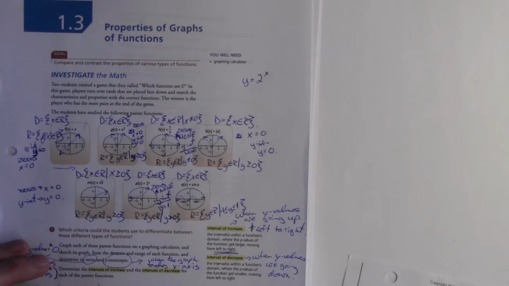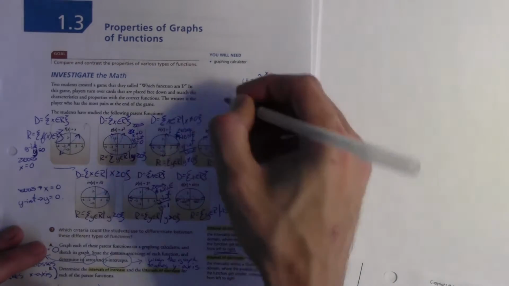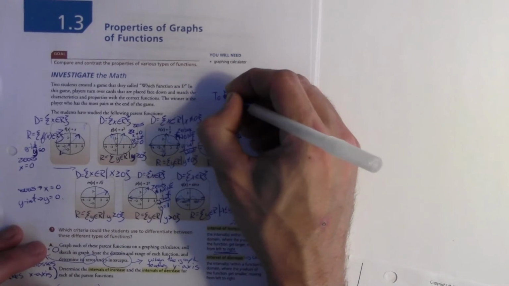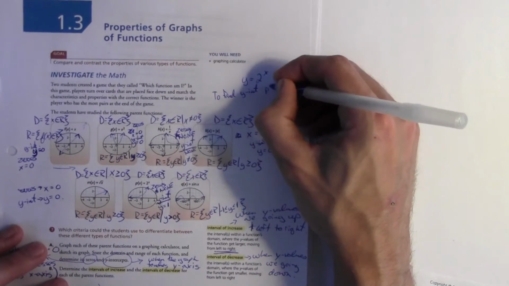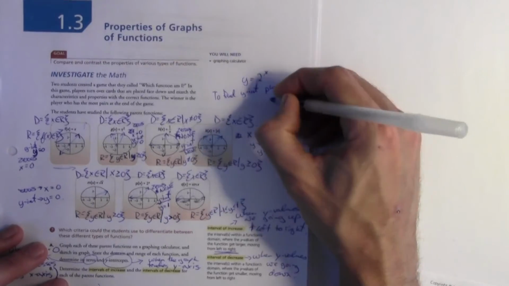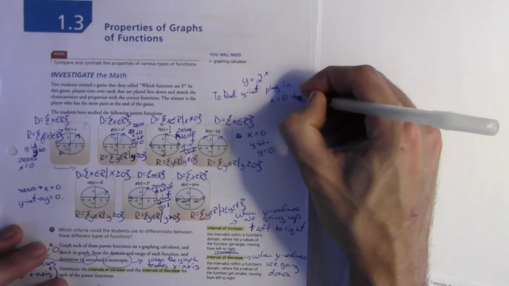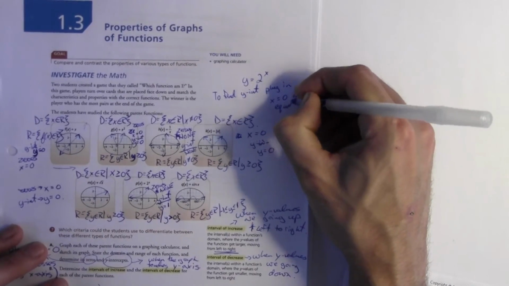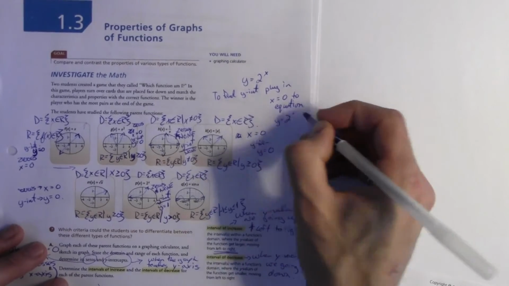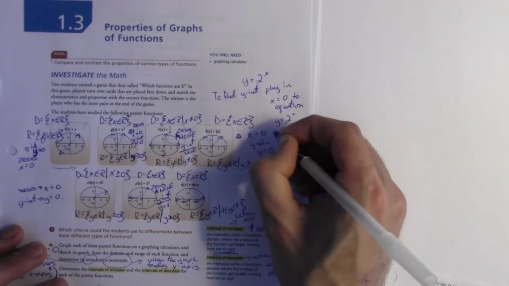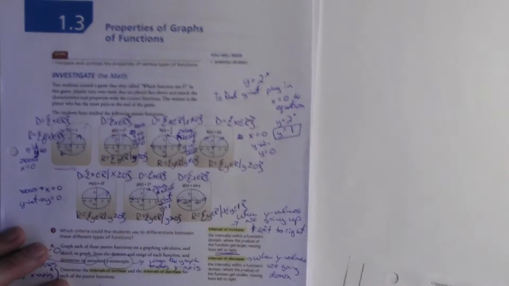David? For the y-intercept, plug in 0 for x. Good. So to find the y-intercept, you plug in x equals 0 to the equation. So we would have y equals 2 to the power of 0, which is equal to 1. Y equals 1.